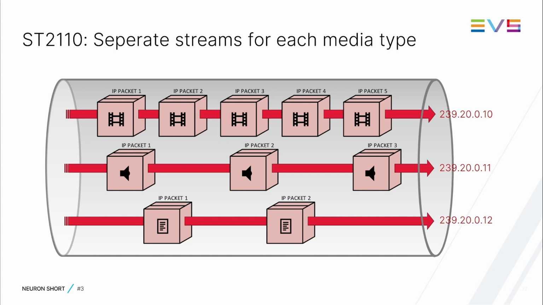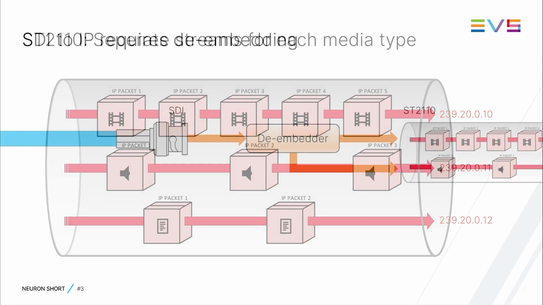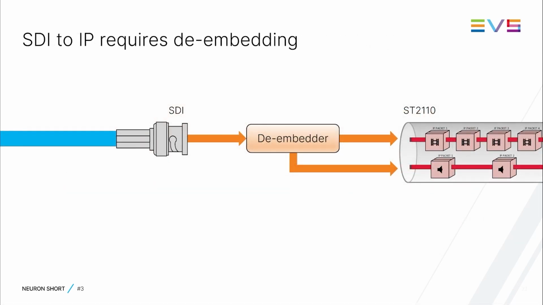Now, if you want to convert an SDI or an ST2022 stream to ST2110 streams, you need audio de-embedders to de-embed the audio from the video and insert it into separate ST2110-30 streams, while the video goes in an ST2110-20 stream. So processing paths which are intended to convert SDI to IP, where the IP outputs might be configured as ST2110, require de-embedders.